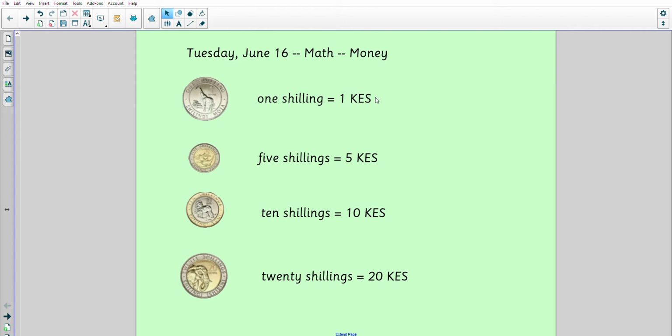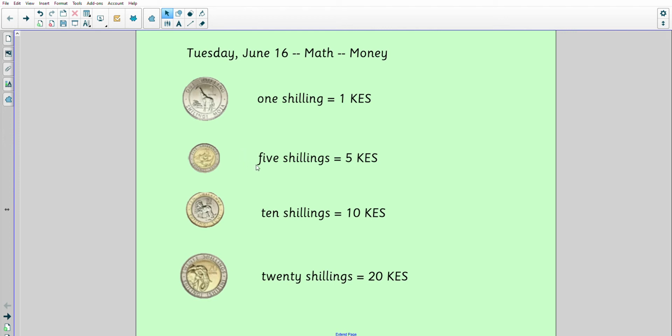When we're talking about money, it's very important to use a label because different places in the world use different sorts of money. So when you're answering money questions, make sure you write KES, which stands for Kenyan shillings, at the end. So our first coin is the 1 shilling coin with a giraffe.